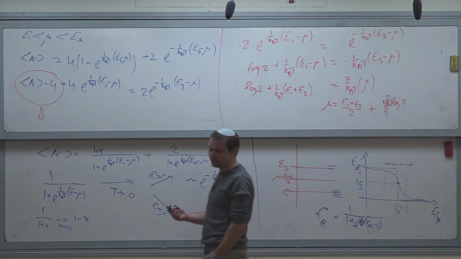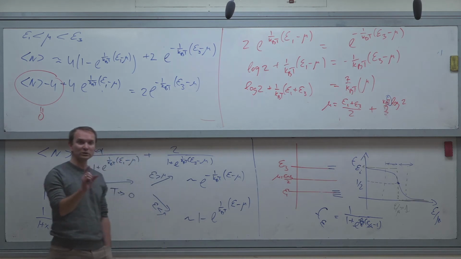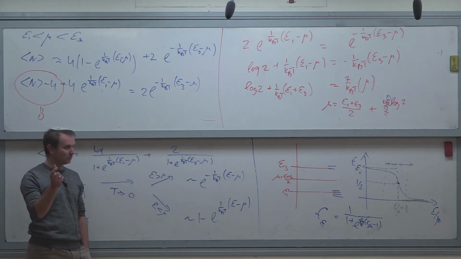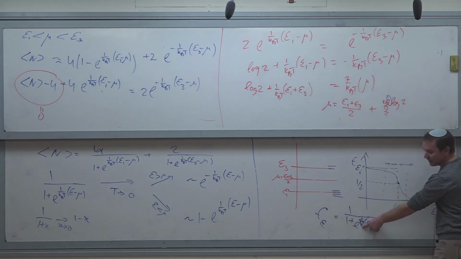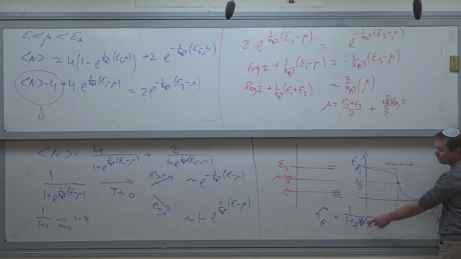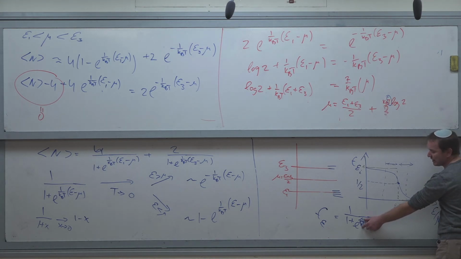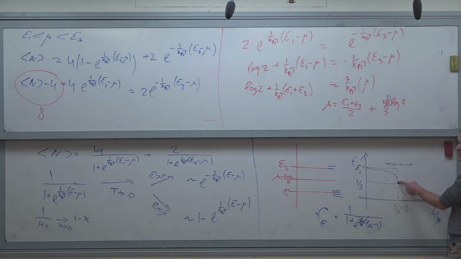By k Boltzmann T. So we're looking at some region which is determined by k Boltzmann T. It is the decay rate of this function towards 0, and the approaching rate of this function towards 1.